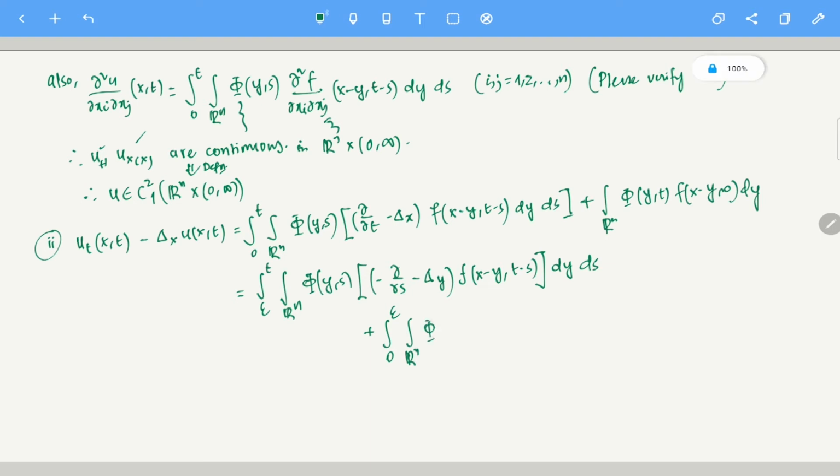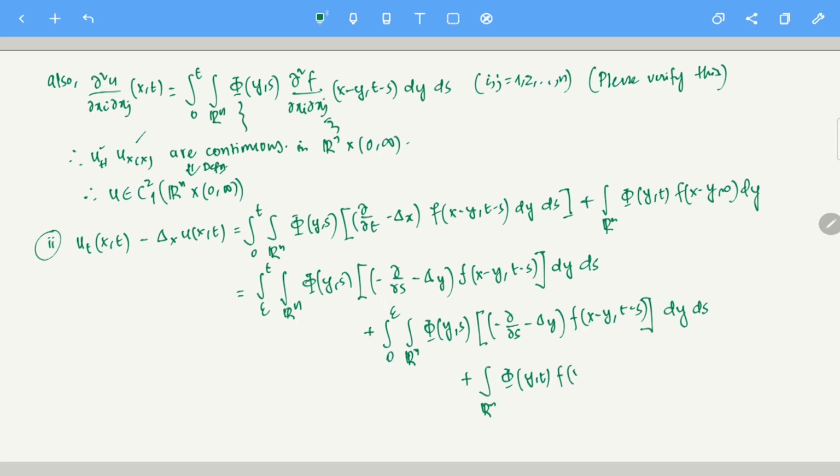Clear? So that is there, and plus the integral from 0 to epsilon over R^n of phi(y,s). Epsilon to t was done. From now, 0 to epsilon has to be taken care of. Let me write it like this: minus del s minus Delta y of f(x minus y, t minus s) dy ds, plus this part is there, plus the integral over R^n of phi(y,t) f(x minus y, 0) dy.